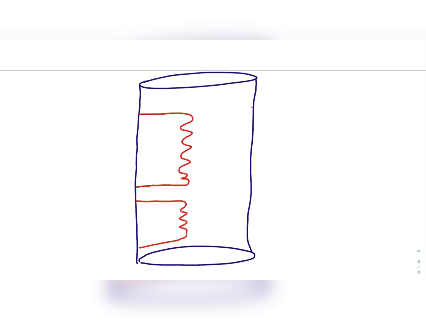Suppose this is the structure of the lumen of the small intestine. This is your jejunum area, and these red structures are the various intestinal cells in the proximal jejunum.